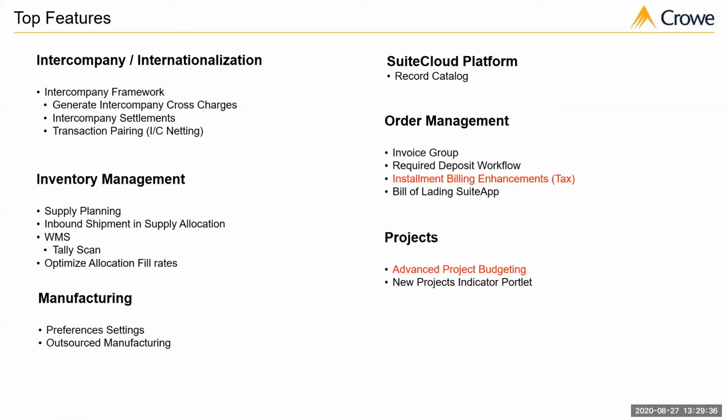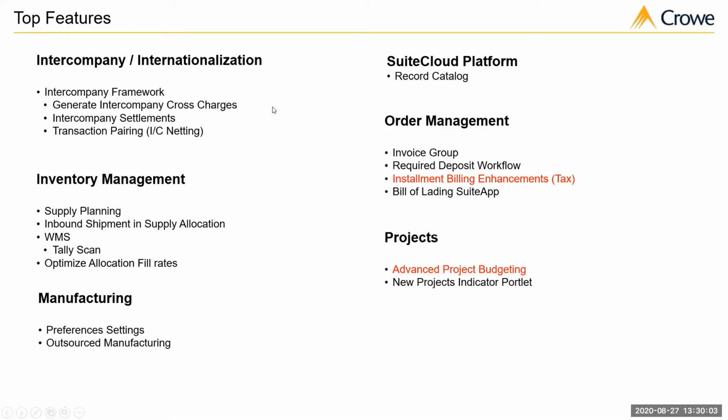Moving on, we'll talk about intercompany and internationalization. So NetSuite is making great progress here. If you're using OneWorld, especially if you have international functionality with OneWorld, they've introduced intercompany framework functionality.